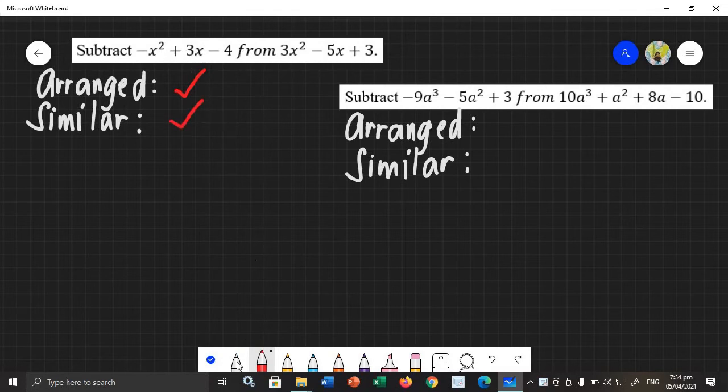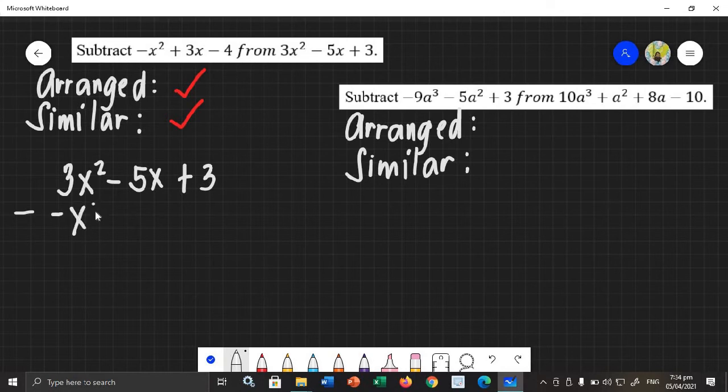So we can subtract them. So rewriting the given into vertical form, we have 3x raised to the second power minus 5x plus 3, minus negative x squared plus 3x minus 4.